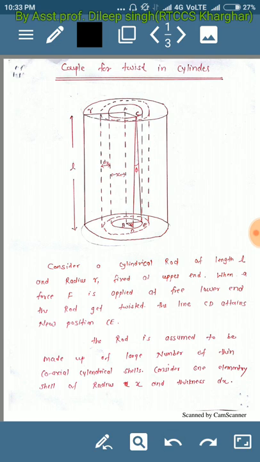So what we have to do here: consider a cylindrical rod of length l and radius r fixed at the upper end. So this rod is fixed at this end. Upper end is fixed.